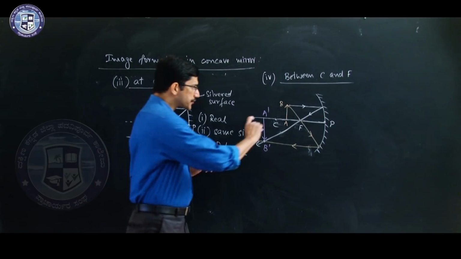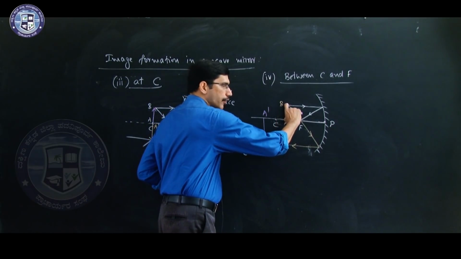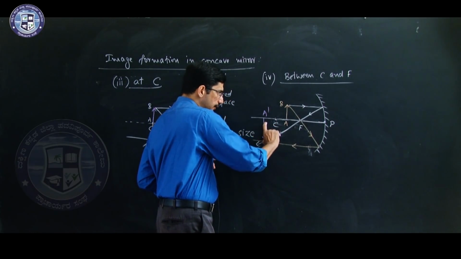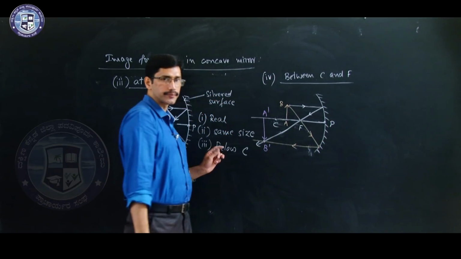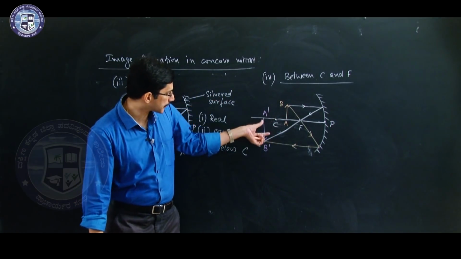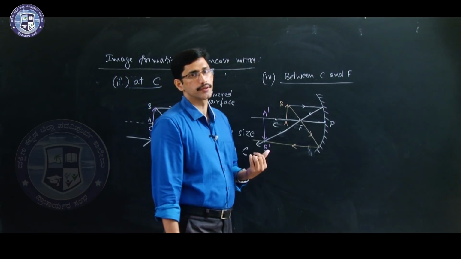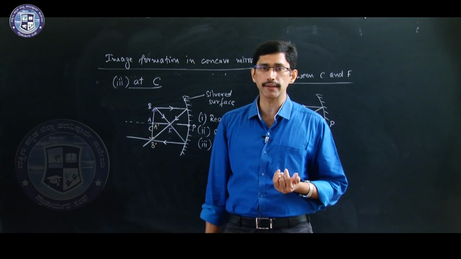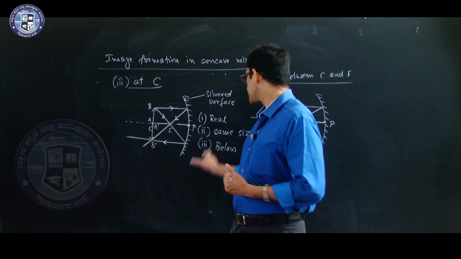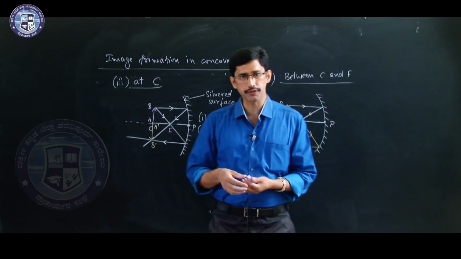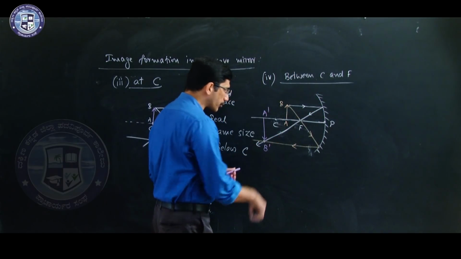Now, if you observe this diagram, the size of the object is less, while the size of the image is greater. So, what type of image do you get? Do you get the diminished image, or the enlarged image? Yes, it is the enlarged image. So, the nature of the image, is it real or virtual?